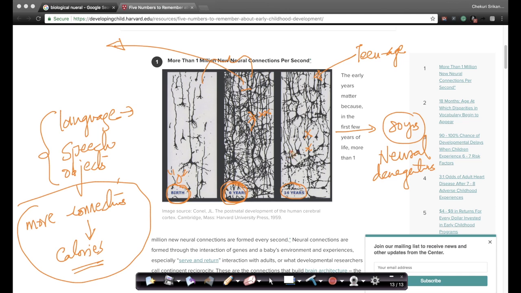They can't recognize objects. Sometimes they can't even recognize their own family members. That's what happens when some of these connections degenerate or die. Just like any other cell in the human body, when brain cells die, your cognition, your ability to think, is lost. Of course, let's not go to the sad part. This is the fun part of a human life, where you're learning a lot.